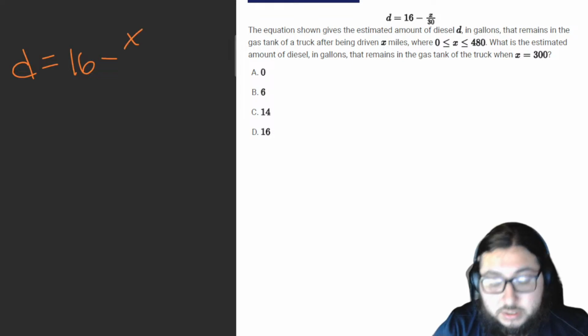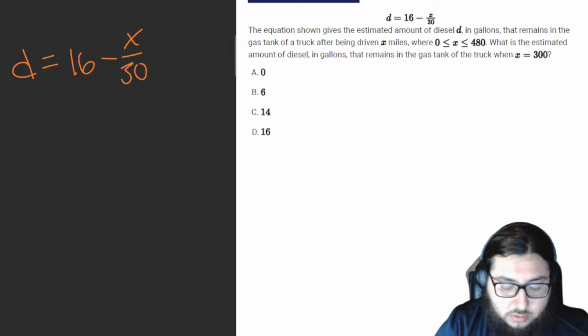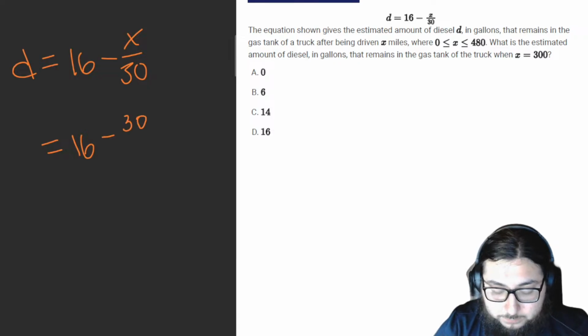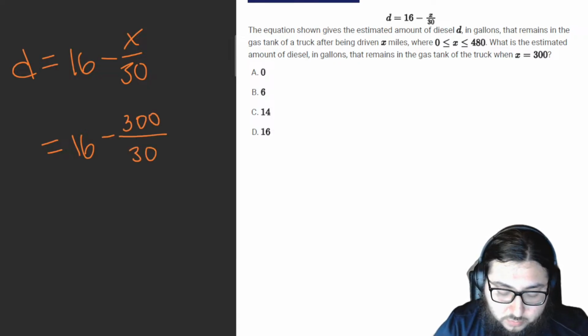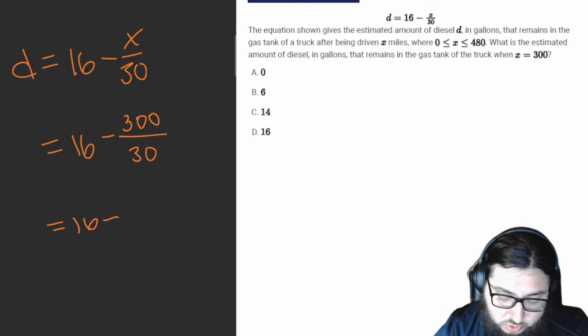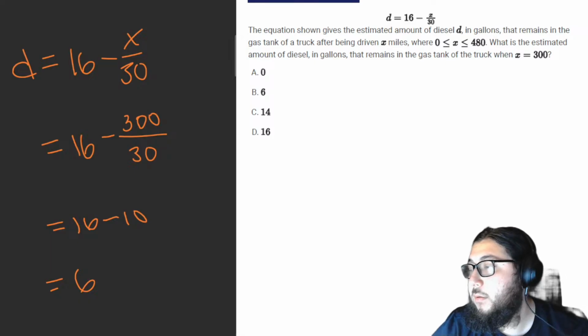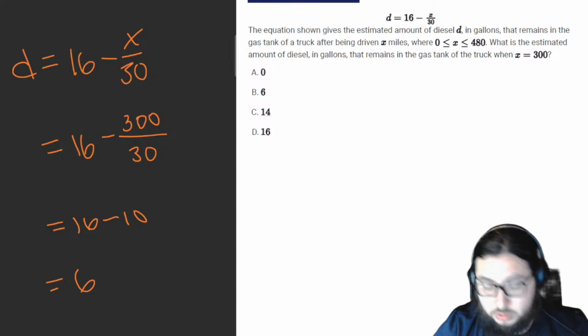So if D is equal to 16 minus x over 30, you just replace x with 300. And then we get 16 minus 10 is equal to 6. So B is our correct answer.